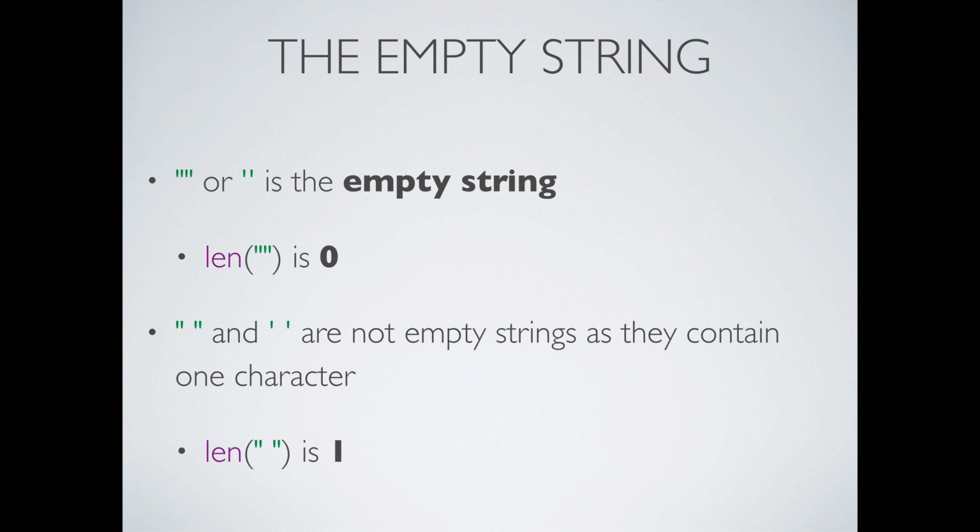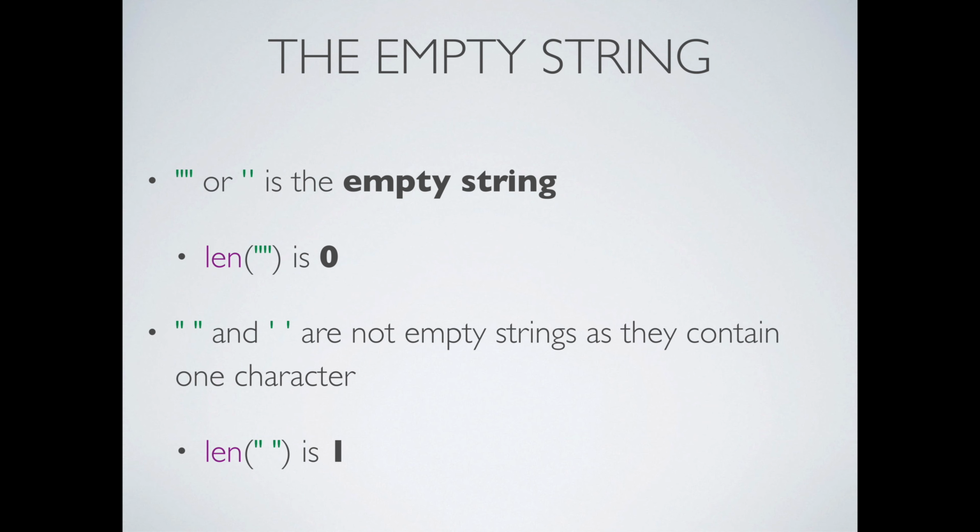Another thing to mention about strings is the empty string. The empty string is the string that has nothing in it. Strings are sequences of characters, so if you want something that is of type string but doesn't have anything in it, there are cases for this. We'll get into it later in the quarter.